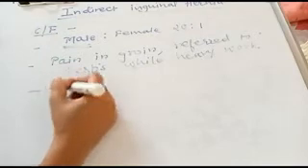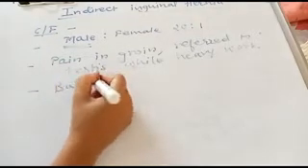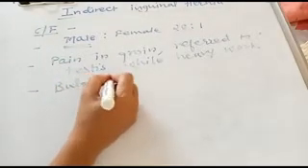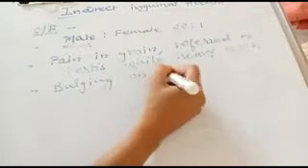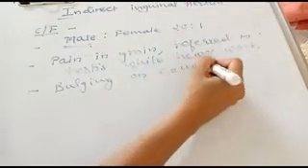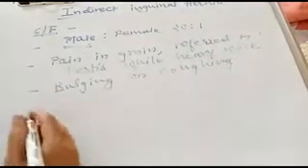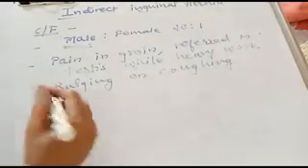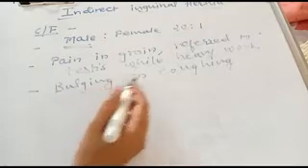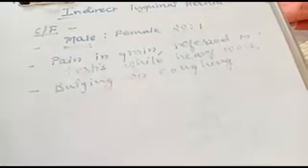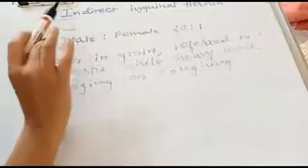The content, or the hernia, will bulge on coughing. There will be bulging of the content on coughing. So we have seen the etiological factors of all the hernias. They are almost common in all the types of hernias.